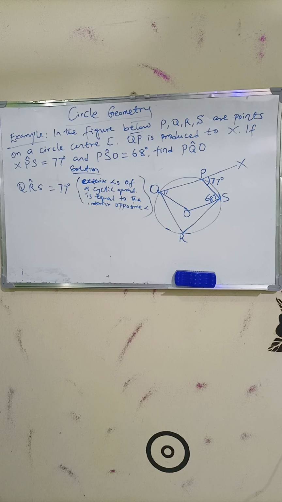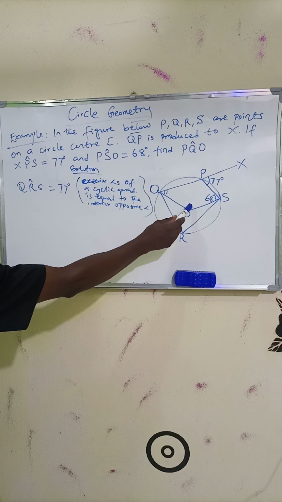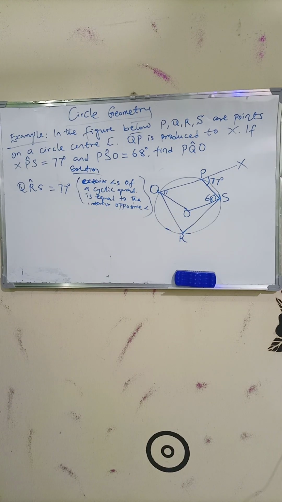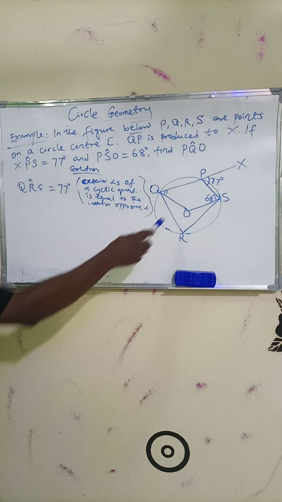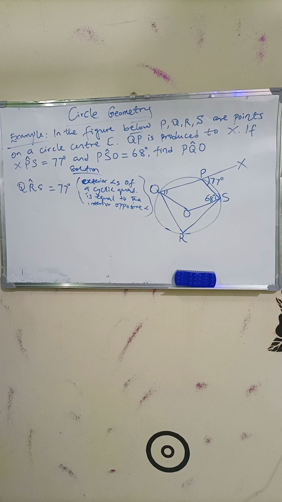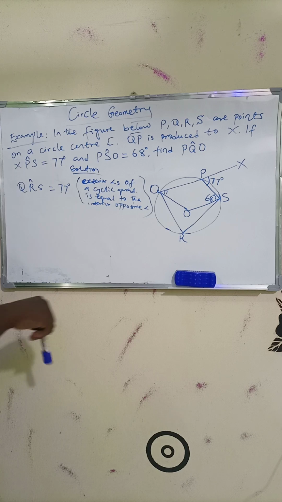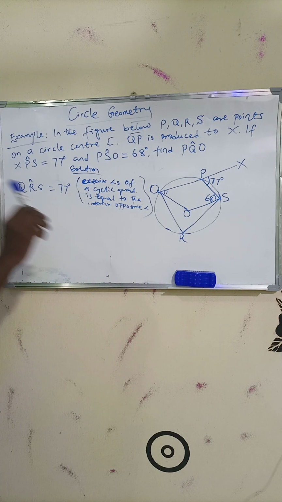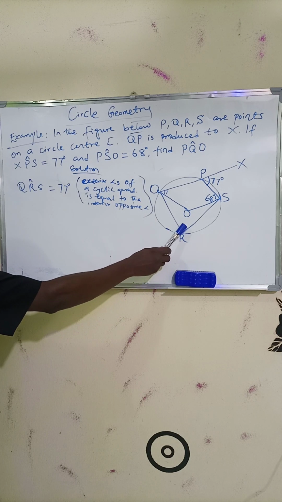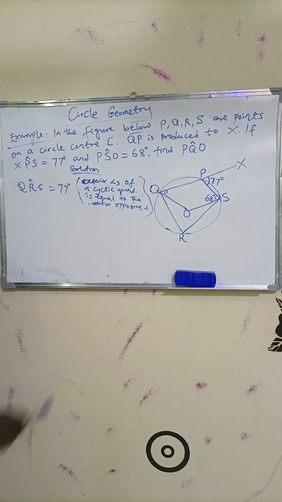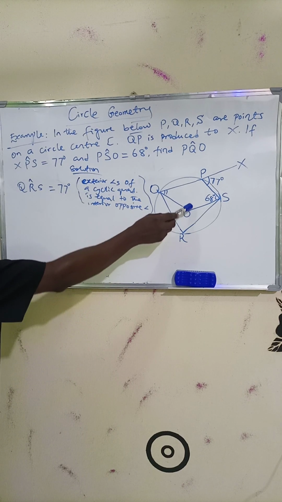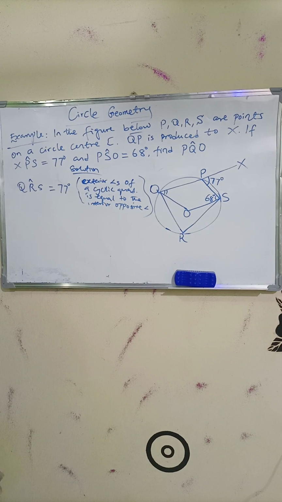Also, from there, we can look for another angle, which is the angle formed at the center. We can call it angle O. That angle formed at O, we can find by using a theorem that states that the angle at the center of a circle is twice the angle at the circumference. There is an angle formed already at the circumference, which is angle R, that we've gotten as 77, which means the angle formed at O will be twice that angle.